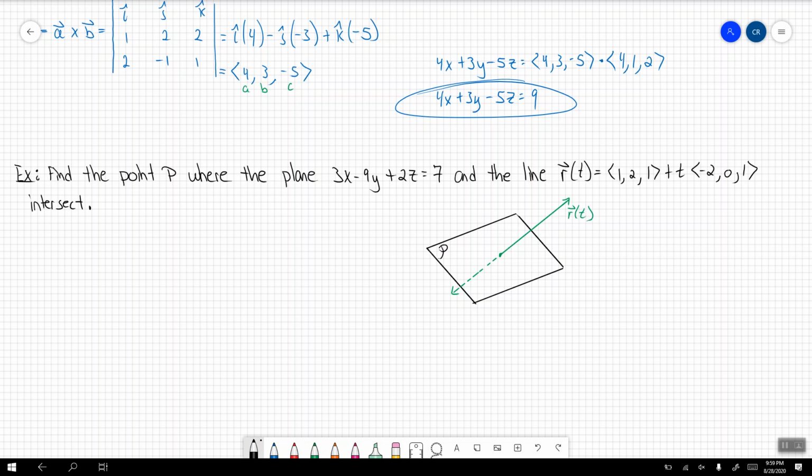Now, in order for this to happen, the components for my line, r of t, must be equal to the components of the equation of the plane. Well, we then need to extract the components of the vector equation of the line. Those are going to be the parametric equations.